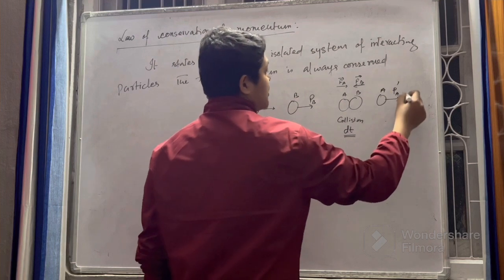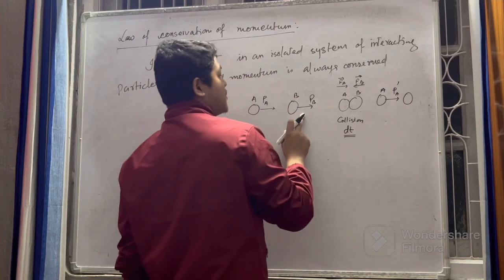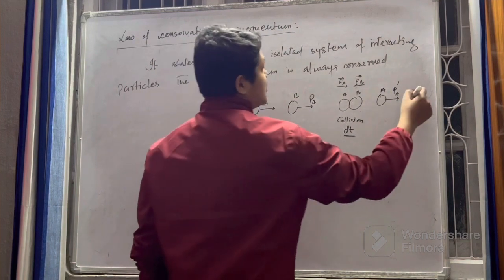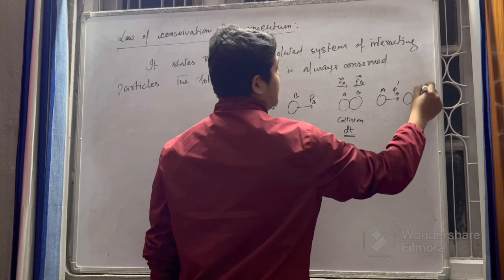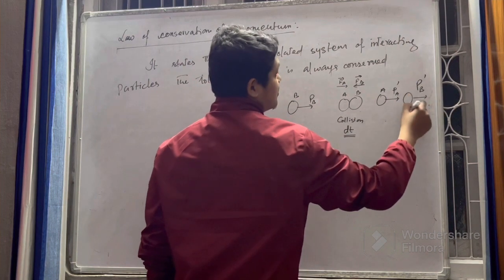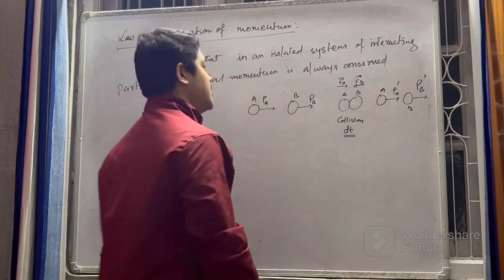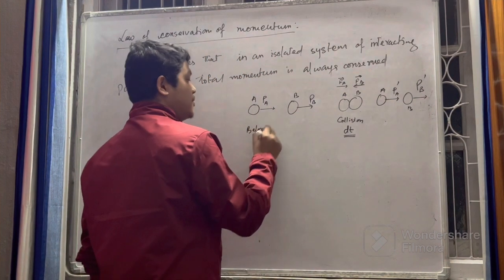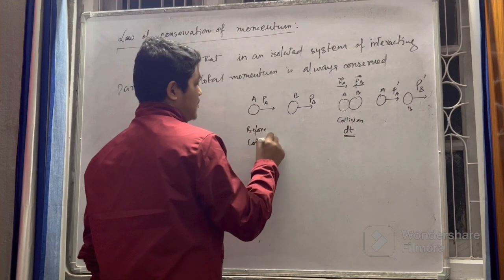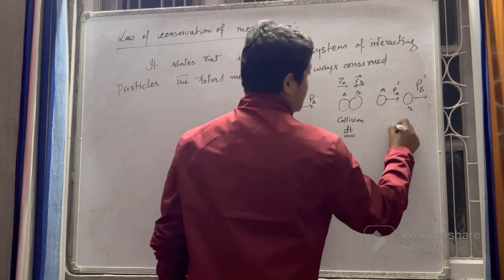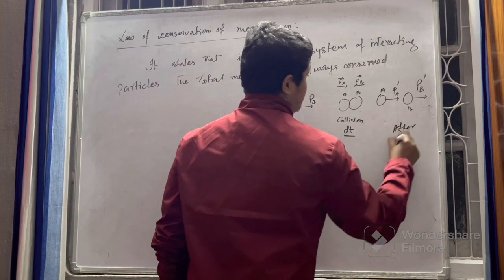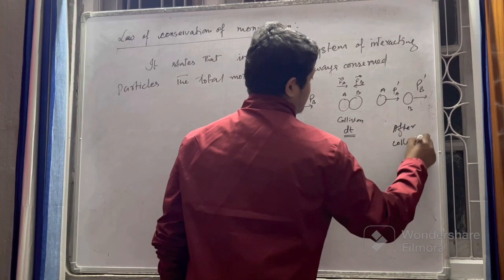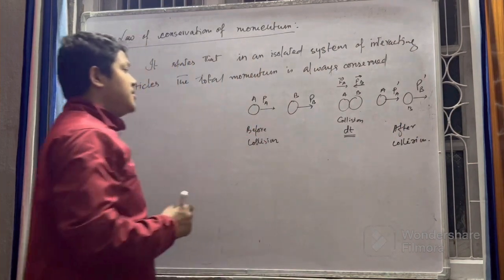This is the object A, and the momentum of B, Pb, changes to Pb dash, right? This is the ball B. This is before collision, and this is after collision, right? After collision.